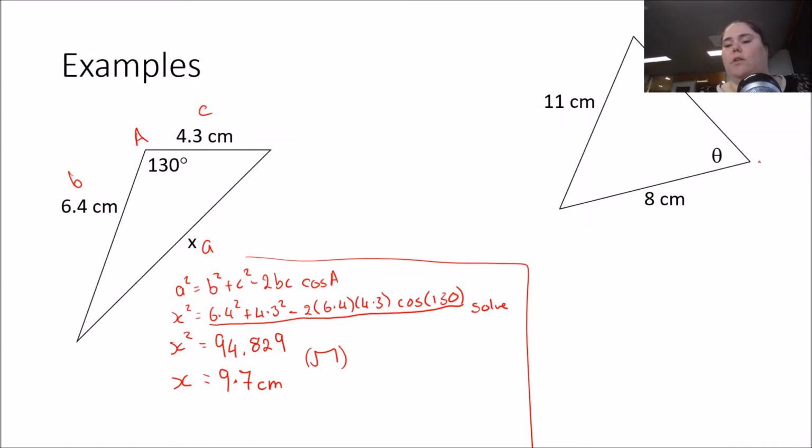Up here I'm trying to find an angle. So capital A, little a, B and C don't matter. So cos A equals b squared plus c squared minus a squared over 2bc. I'm just going to sub my information into this one.